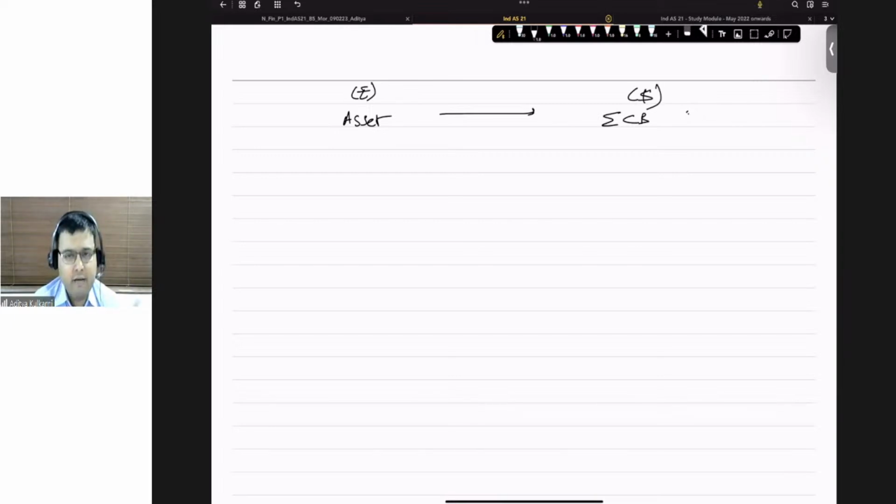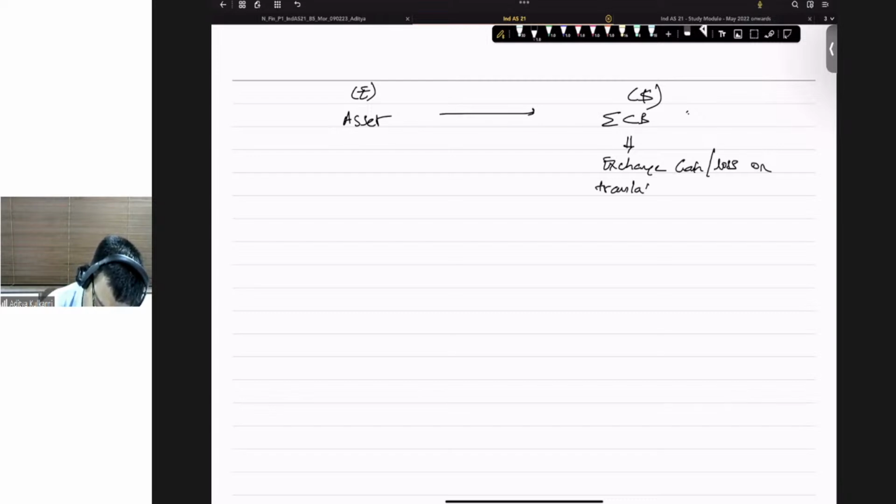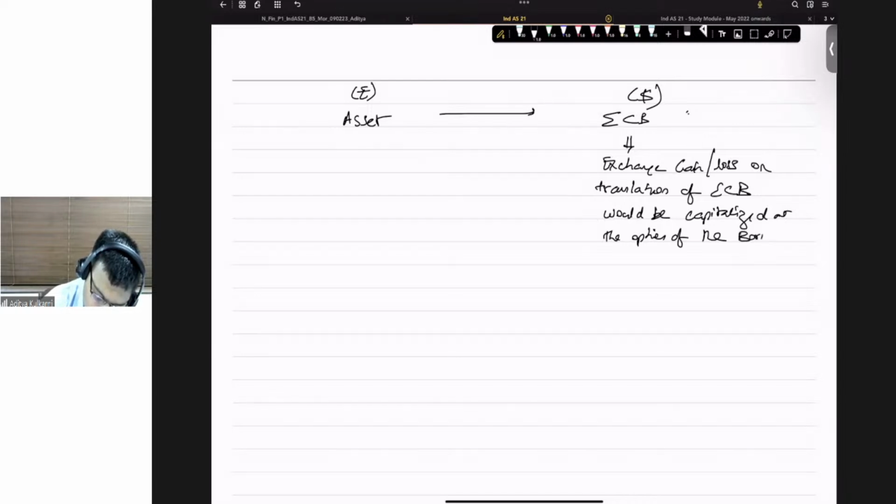In AS11, I think it is para 46, 46A: the exchange gain or loss on translation of external commercial borrowings would be capitalized at the option of the borrower.